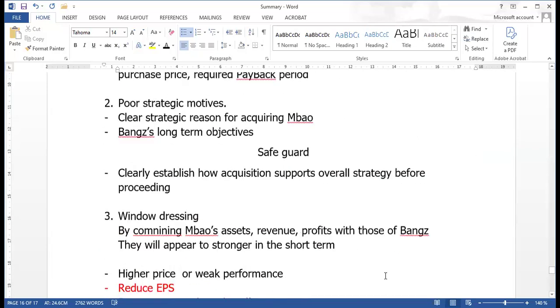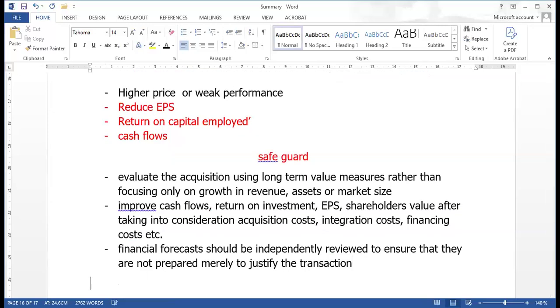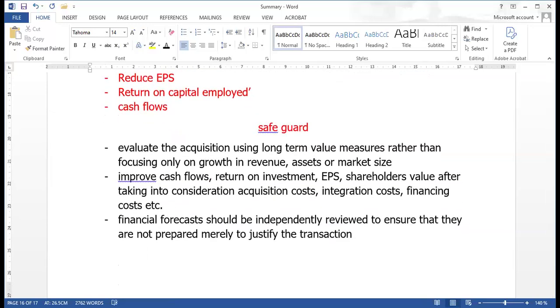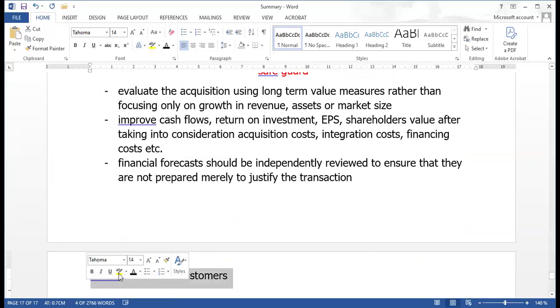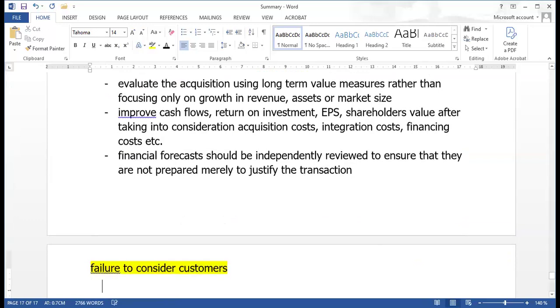What else? We have points 1 to 4, but another point would be failure to consider customers. When you don't take into consideration the customers' preferences, it can affect you.